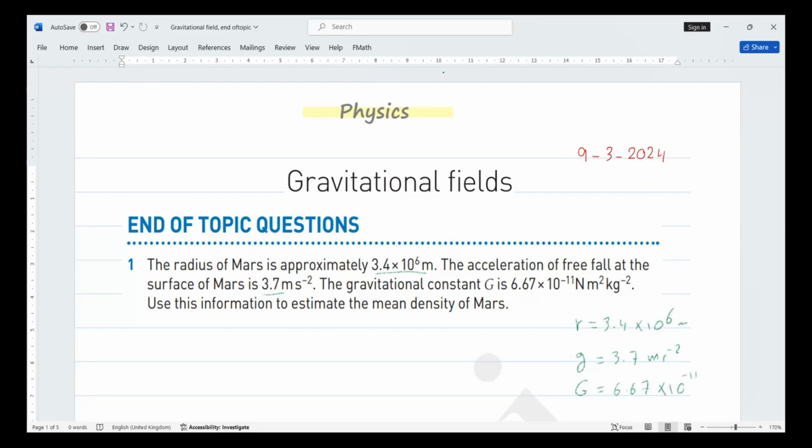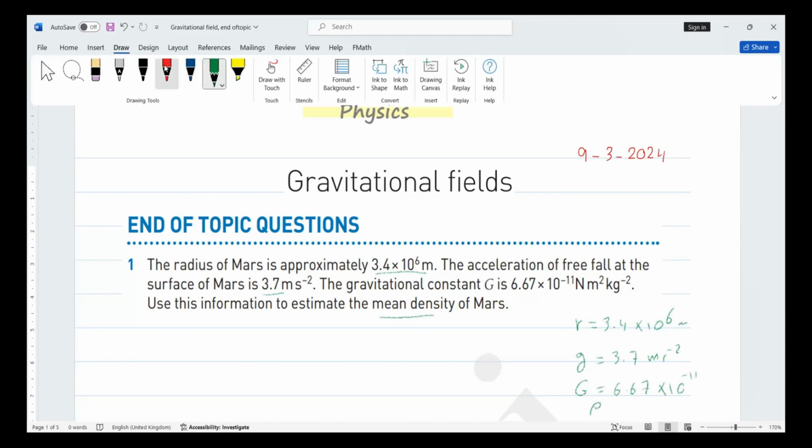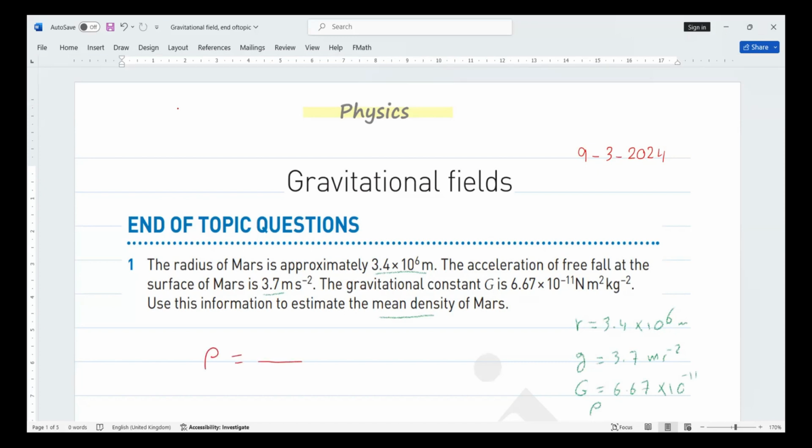Use this information to estimate the mean density. We need rho. Rho is the mass per unit volume. Rho, the density, equals the mass per unit volume. Now we talk about the mass, which is capital M here. The volume of a sphere is 4/3 pi r cubed.